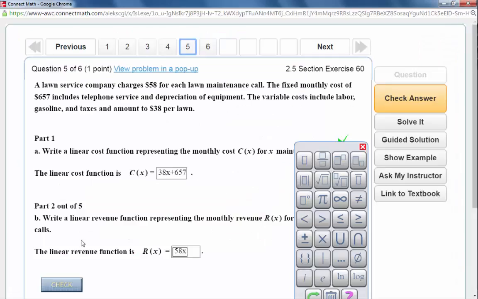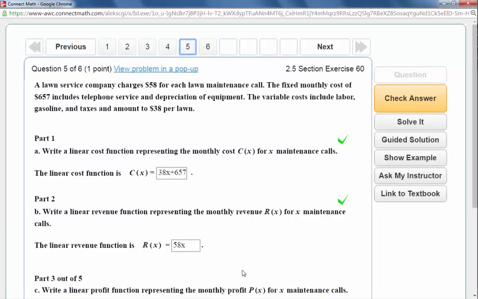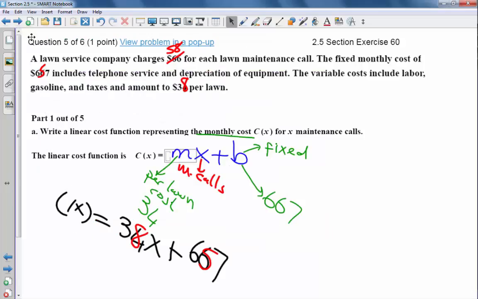Okay, let's check out the next one. Write a linear profit function representing the monthly profit. Now you're going to write up your profit. Here is my cost, C of X, and I already know my revenue. Revenue is 58X.